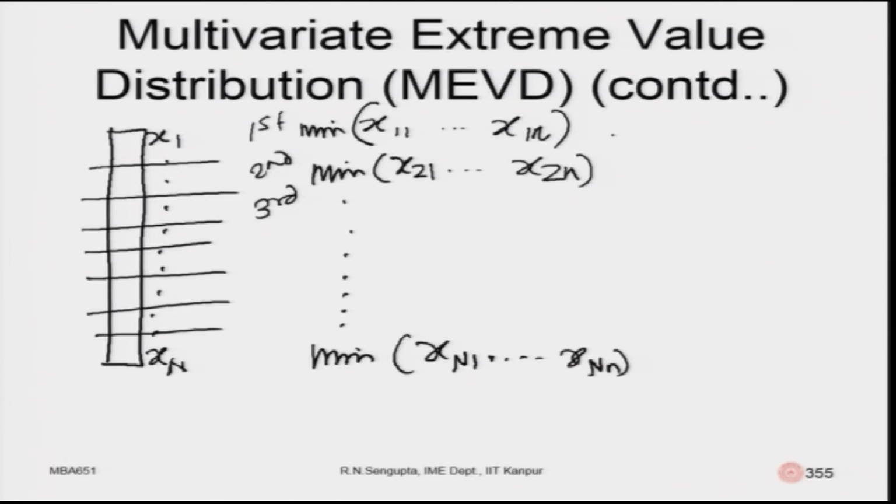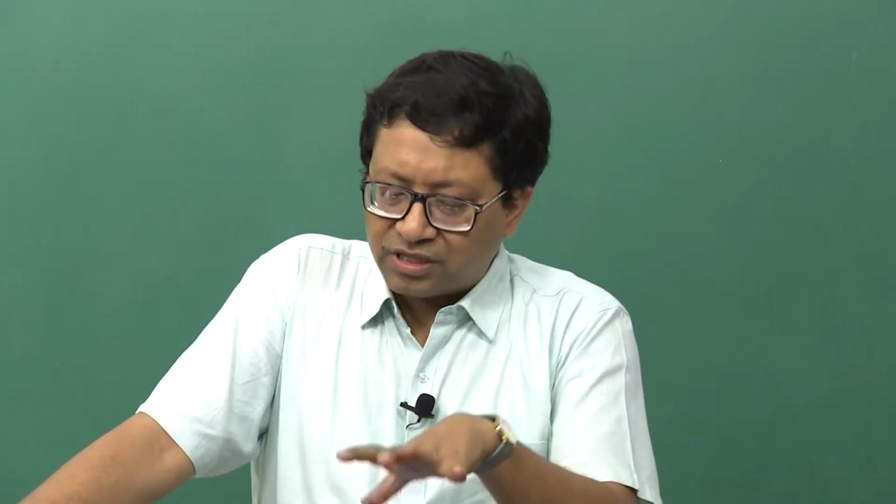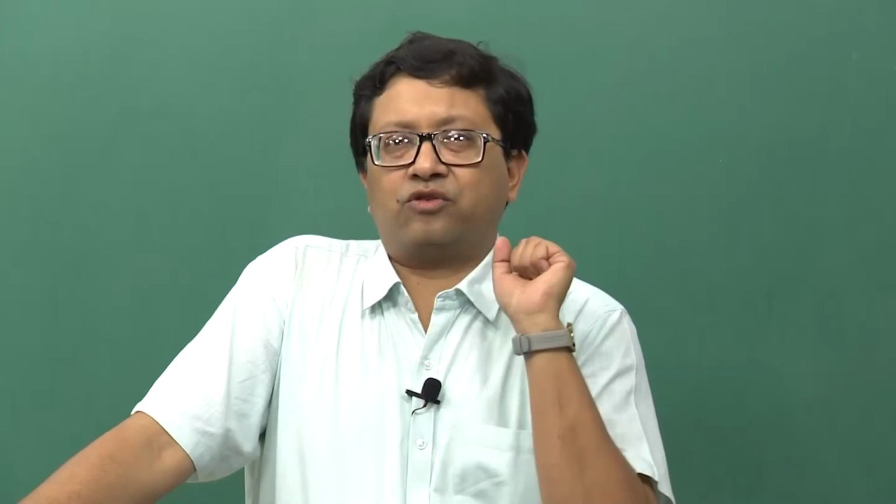Once I have the minima, I jumble them up and keep them in a box. In the box are the minima of the different blocks. Now consider I take the minimum of those minima.